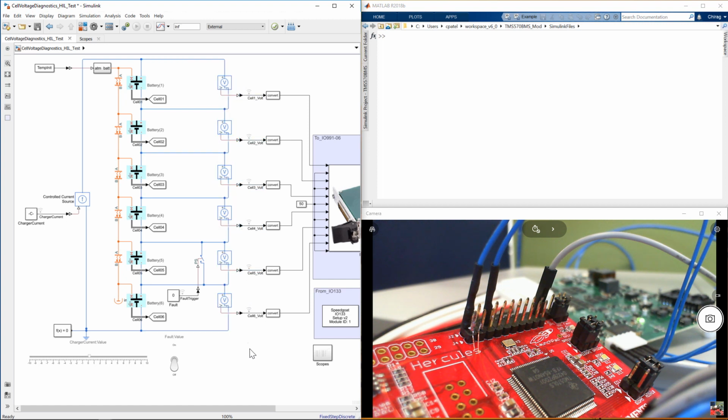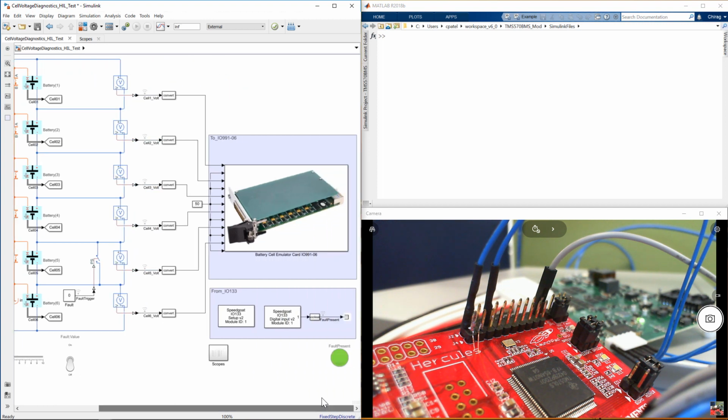The measured cell voltage values are fed into IO991 block, which converts these numerical values into electrically isolated voltages, each relating to individual battery cell. The output terminal of IO991-06 card are connected to an electronics board you see in the background here, which makes physical measurements of the cell voltages and communicates the information to a BMS controller, which in this case is a Texas Instrument controller board.